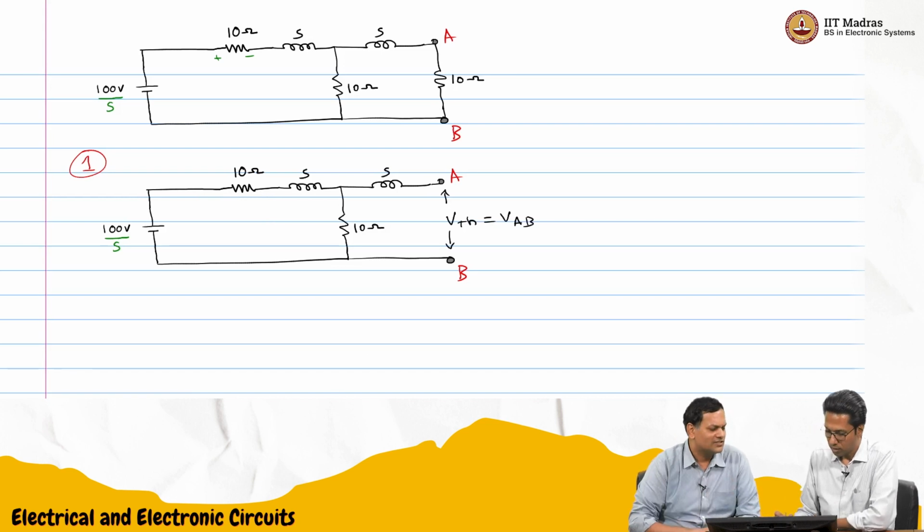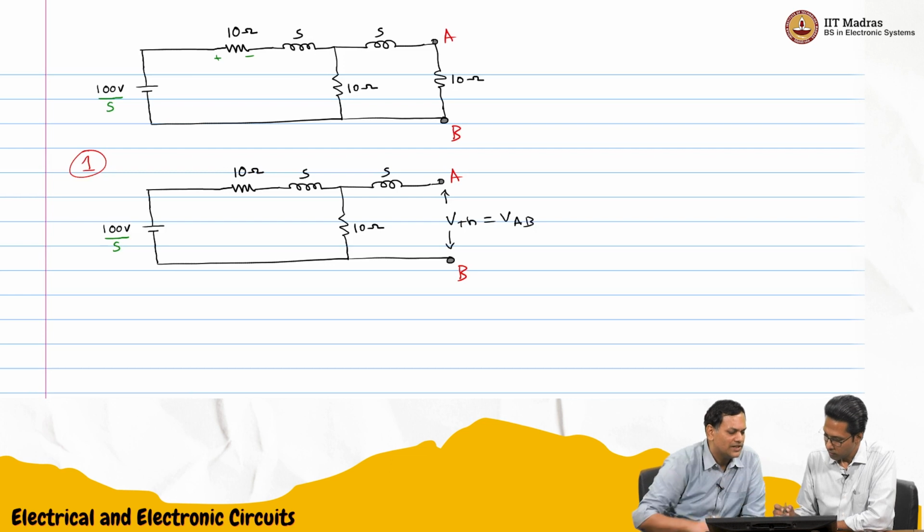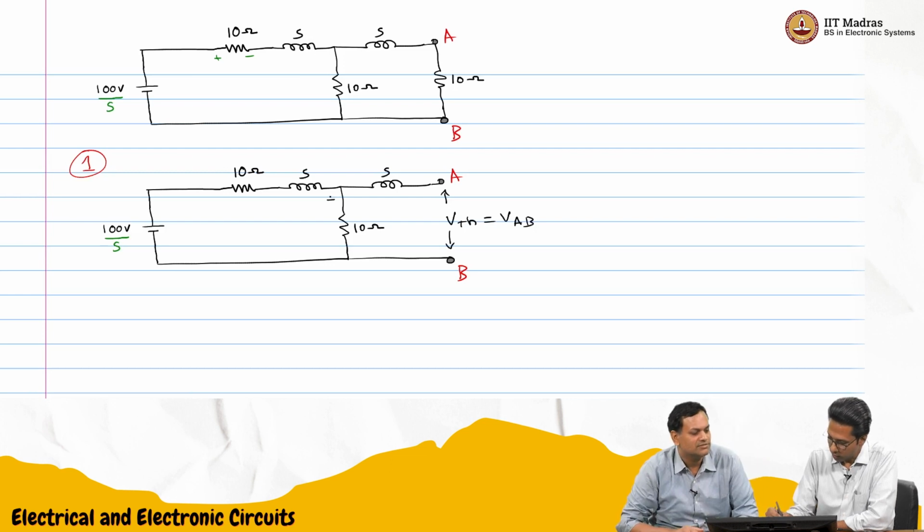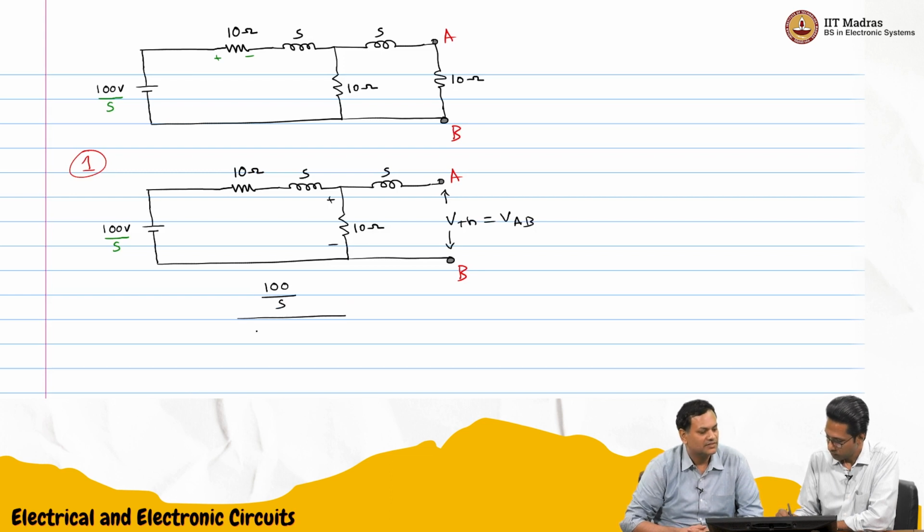It's just the voltage across the 10 ohm, because there is no current through the second inductor on the right side. So we just have to get this voltage, and we know the ratio of impedances. So this is 100 by S divided by S plus 20, into 10.